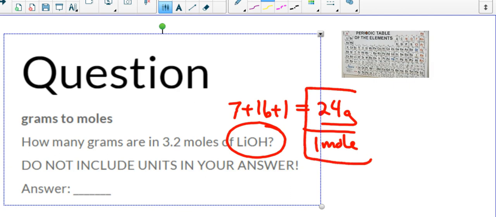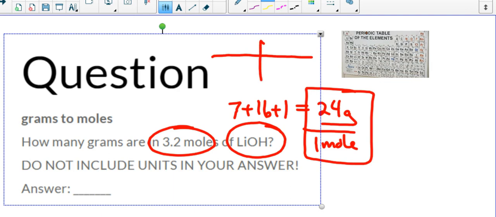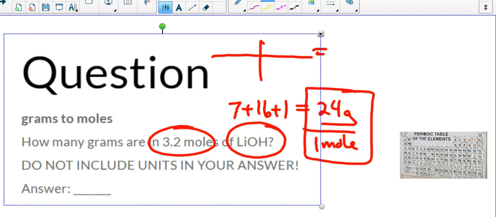Alright, this is a proportion that we're going to use with this given to solve this problem. So we'll set up a fairly simple picket fence. How many grams? So we're solving for grams, are in 3.2 moles of LiOH. So we have our proportion here. Remember, whatever unit is here has to go down there.